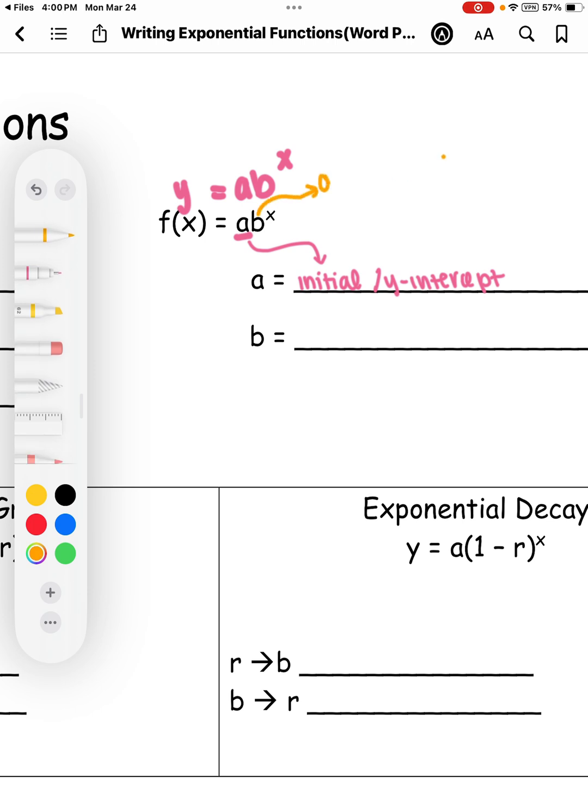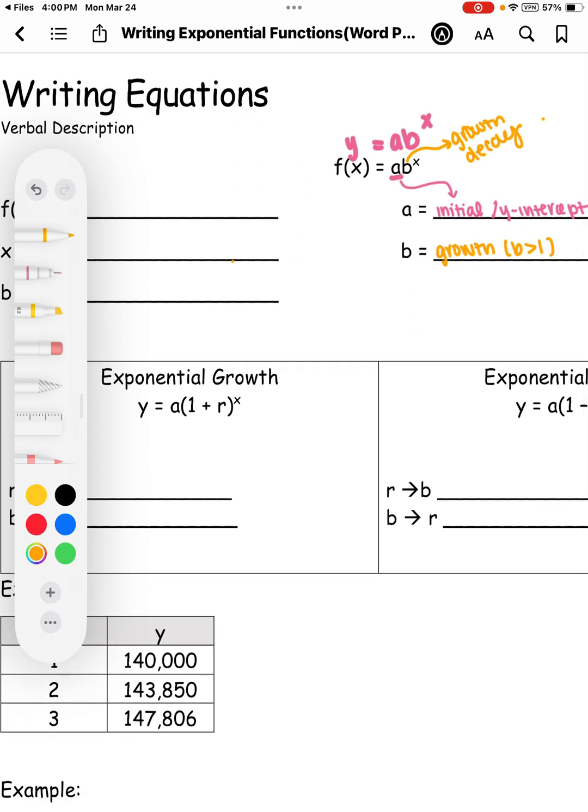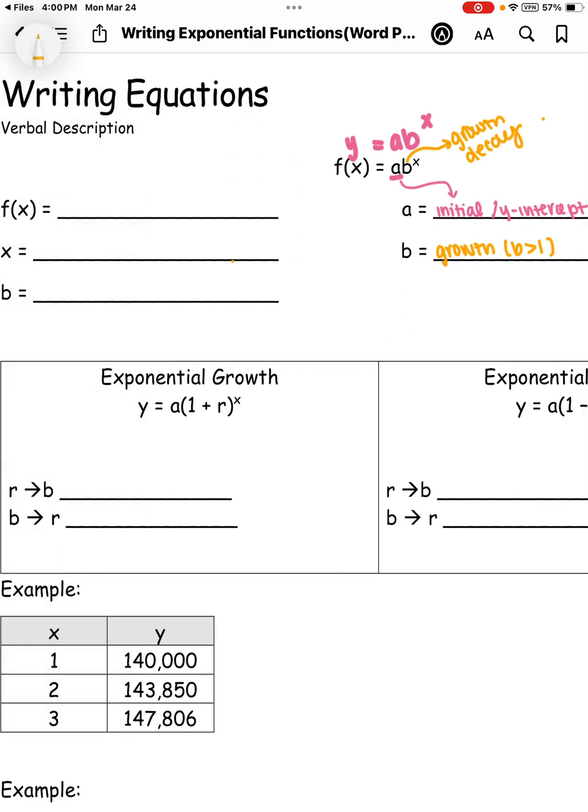All right, this is my growth or decay factor. If it's growth, you know, b should be greater than 1. If it's decay, we know that b should be between 0 and 1.